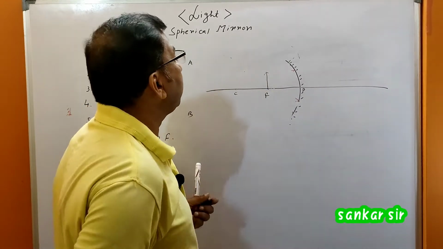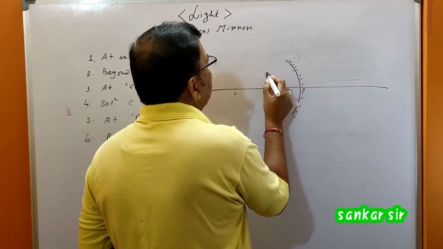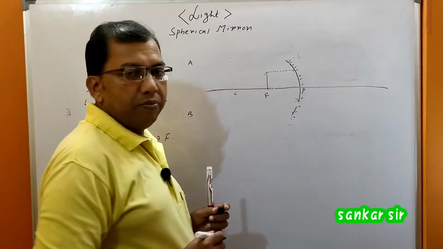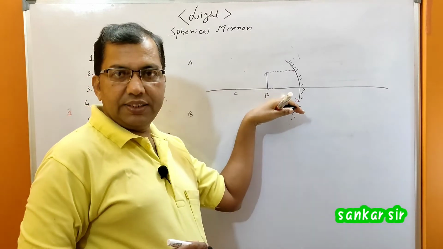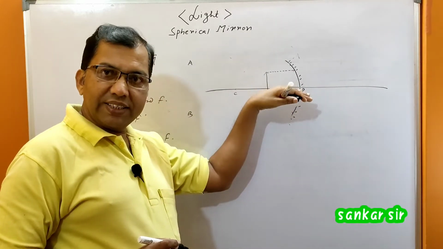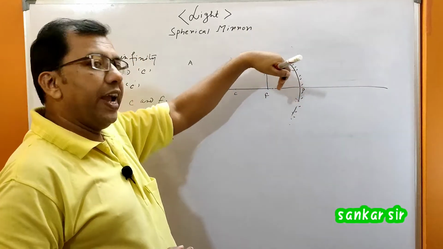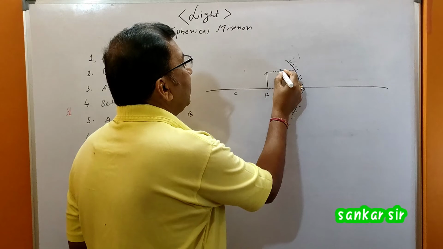See out here, if a ray is parallel to the principal axis, okay, it will always go through the focus.